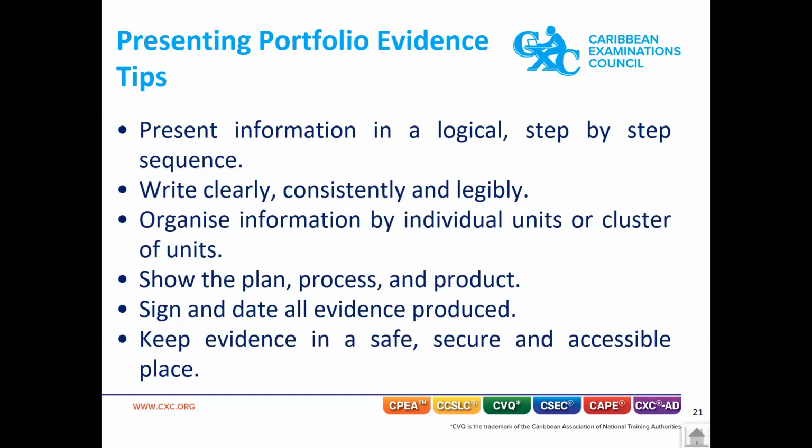You should show the plan, the process, and the product. So what does that mean? So the plan would be the instructions that your assessor would have given you, and sometimes they give you task sheets. Ensure that they're in the portfolio for each unit, and you label your portfolio, and I'm going to tell you some. Now it's coming up in a while in the next slide.